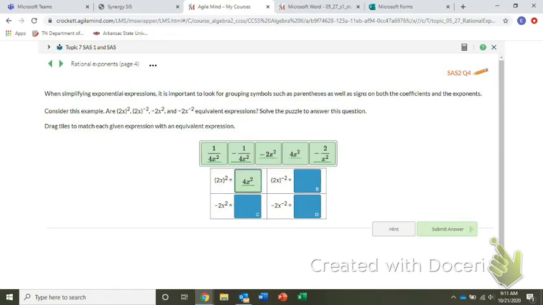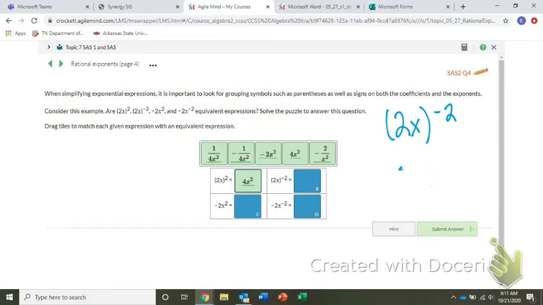All right. The next one to the right, we have 2x to the negative 2. Okay. So, here we would say, well, negative 4. Well, let me back up.